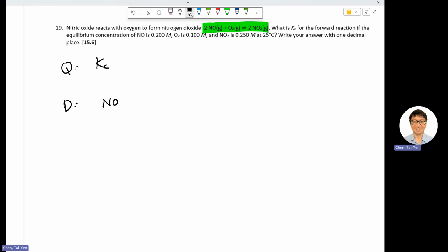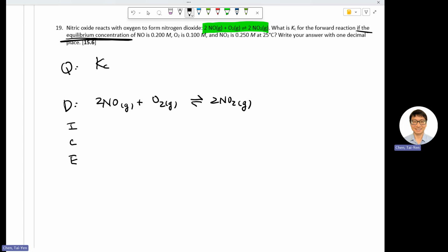You have your NO, O2, becoming 2NO2. And then it says if the equilibrium concentration for each species is 0.2, 0.1, and 0.25, right?